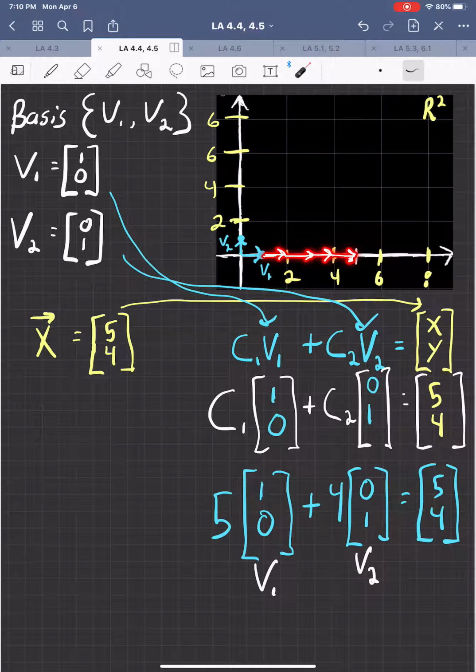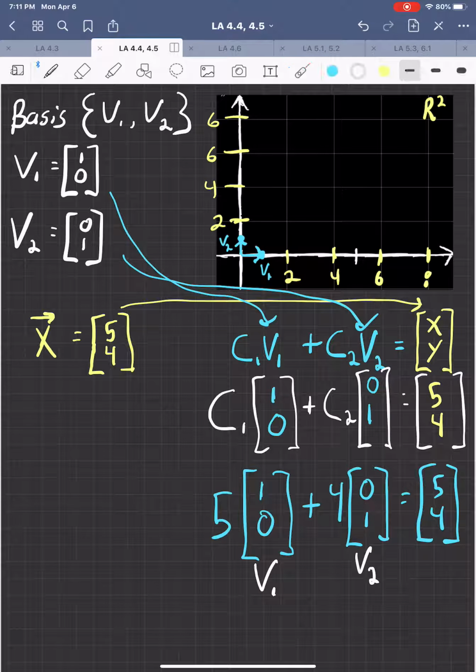And notice that we need 5 of them to get to here. And then likewise, we would need 4. So including the starting vector, we need 4 total V sub 2s to get to the point that we want to reach.